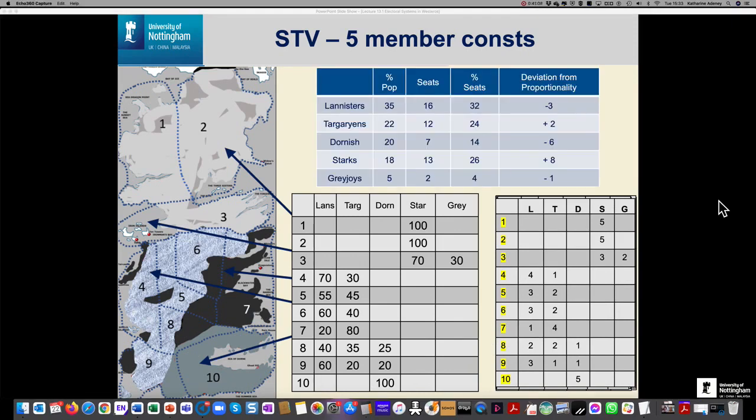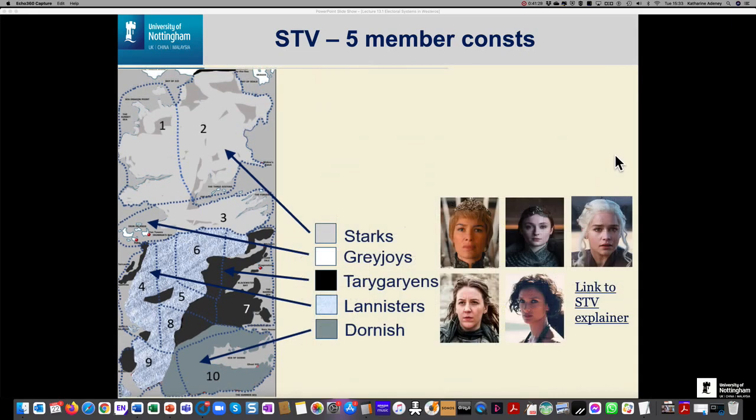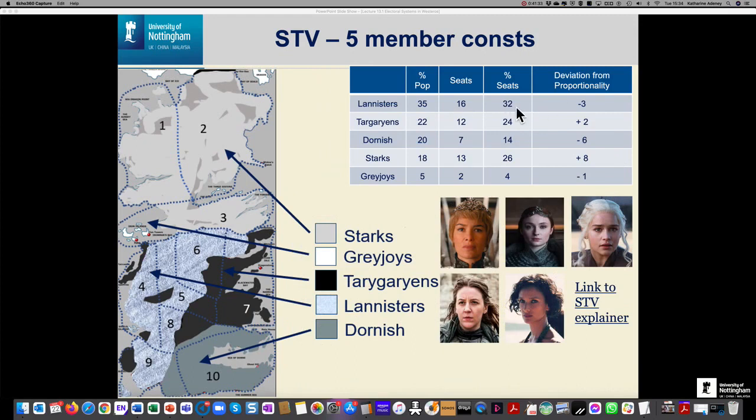And you can see in terms of the seat breakdown that although there's still a deviation from proportionality, so the Starks have done quite well because they have been territorially concentrated, generally it's a pretty proportional outcome. But that means that in terms of coalitions, it's all up for grabs, really. There's no one obvious majority coalition that can happen there.